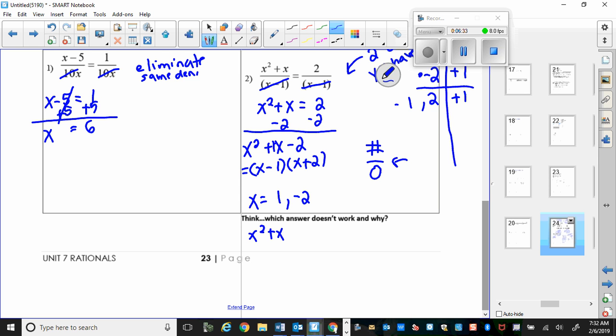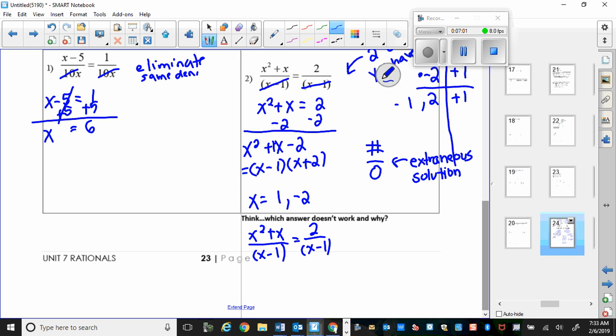If I end up with this situation when I'm doing a check, this implies that there exists an extraneous solution. This is a solution that you can solve for, but it doesn't work when I plug it back in. Okay? So x squared plus x over x minus 1 equals 2 over x minus 1, right?